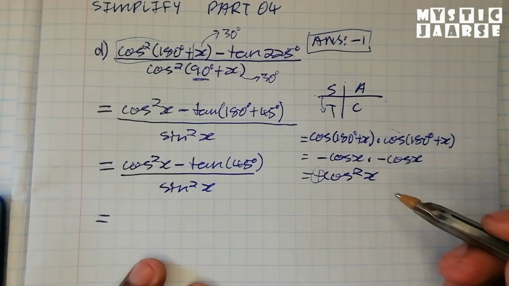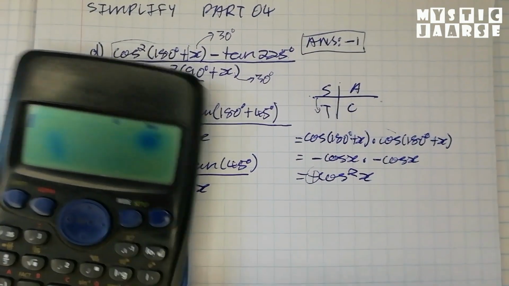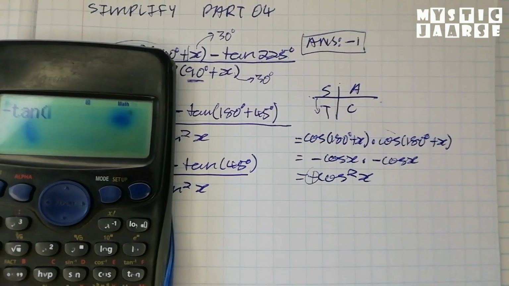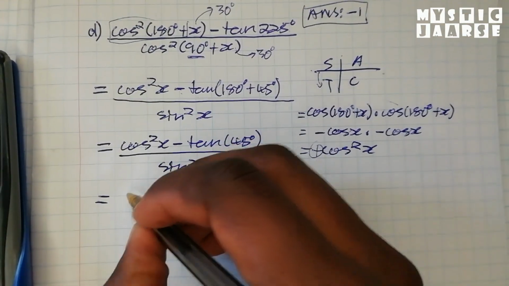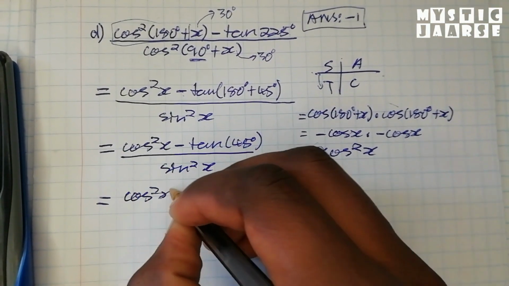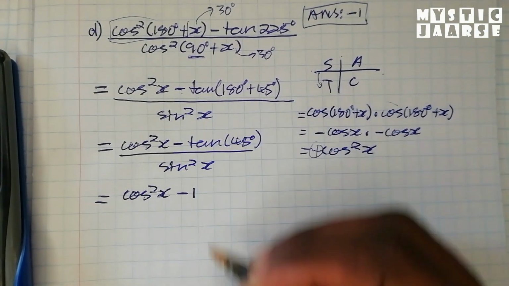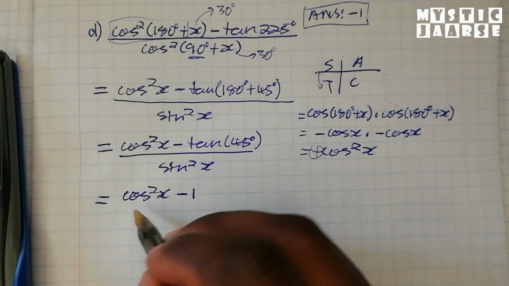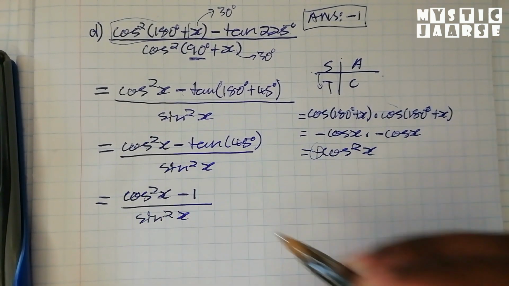Now since 45 is a special angle, we can just put this into our calculator and see what we get. Negative tan 45, that's negative 1. So we have cos squared x minus 1, divided by sine squared x.